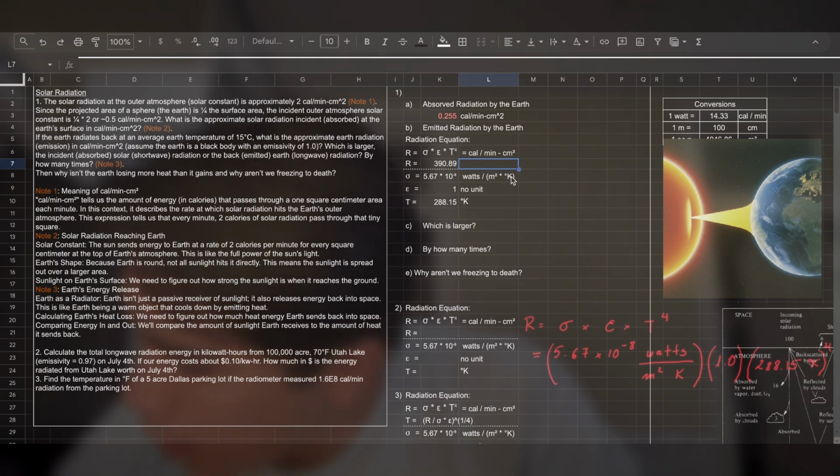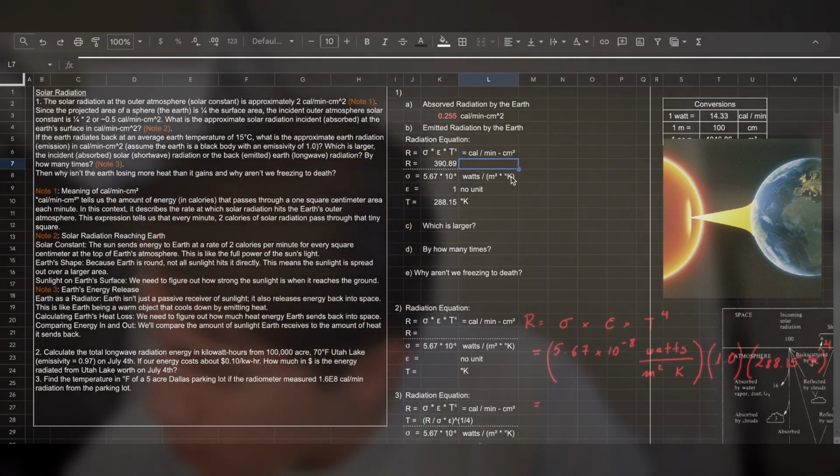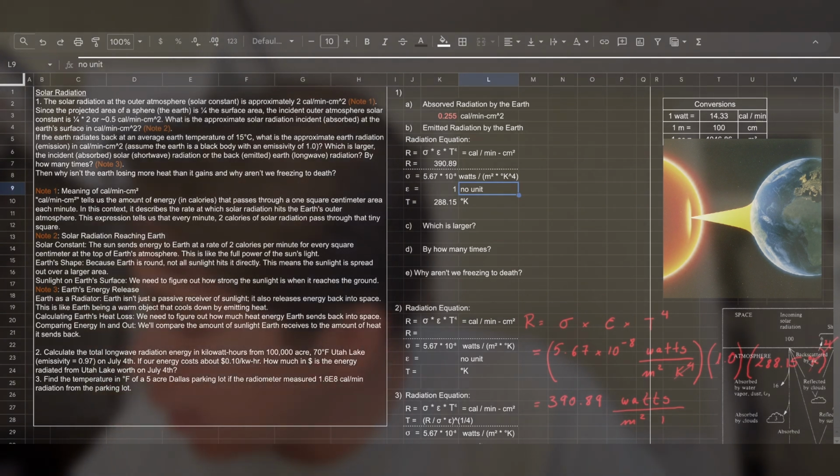So we found the value that is 390.89, and that's going to be watts over square meter.